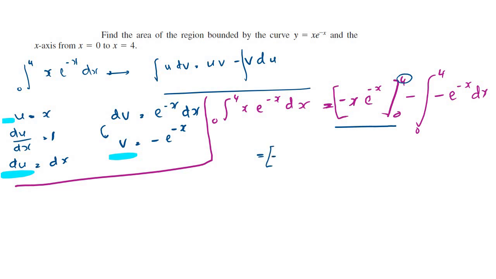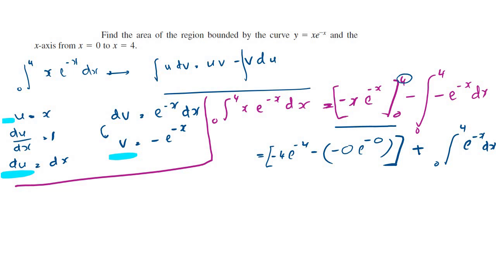Then we get minus 4 e to the power minus 4 minus, then we substitute 0. So it is minus 0 e to the power minus 0, close brackets, and we write this part as it is, but because minus minus is positive, we write it positive: integral 0 to 4 e to the power minus x dx.